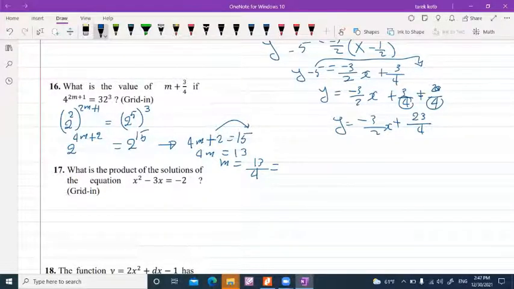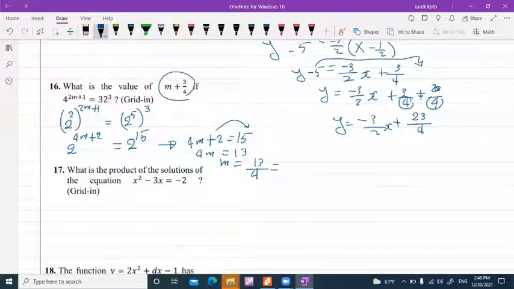Yes, correct. So it's correct. 4m plus 2 equals 15. 15 minus 2 equals 13. Divided by 4, 13 over 4. So good. Yes. What's wrong here?